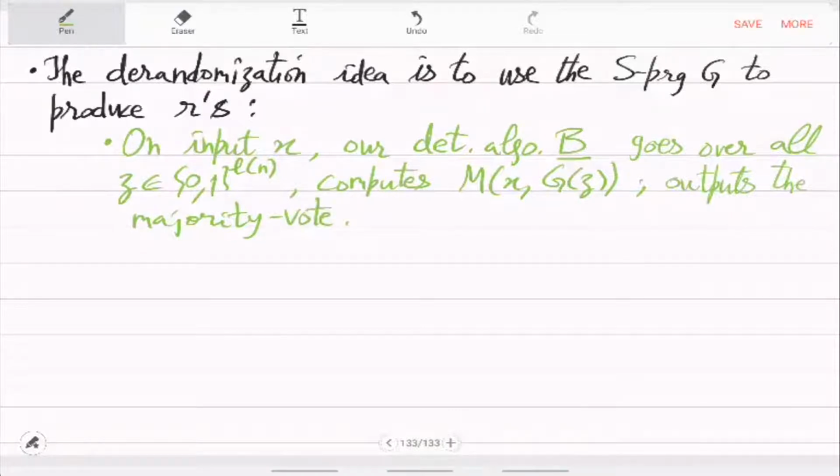So overall over Z, take the majority vote. If 0 appeared more, output 0. If 1 appeared more, output 1. So, the claim is that this deterministic algorithm B correctly solves L.